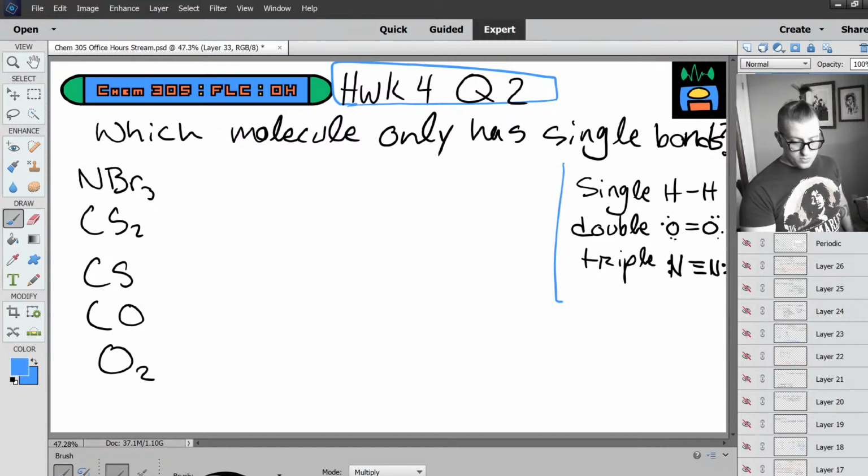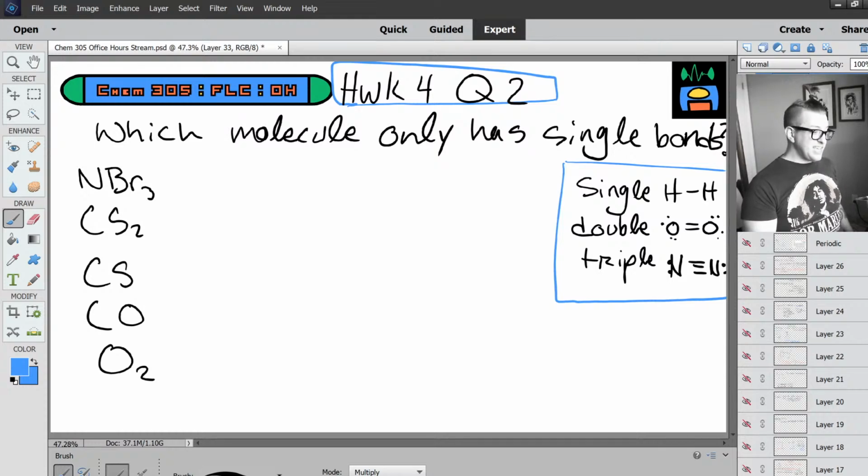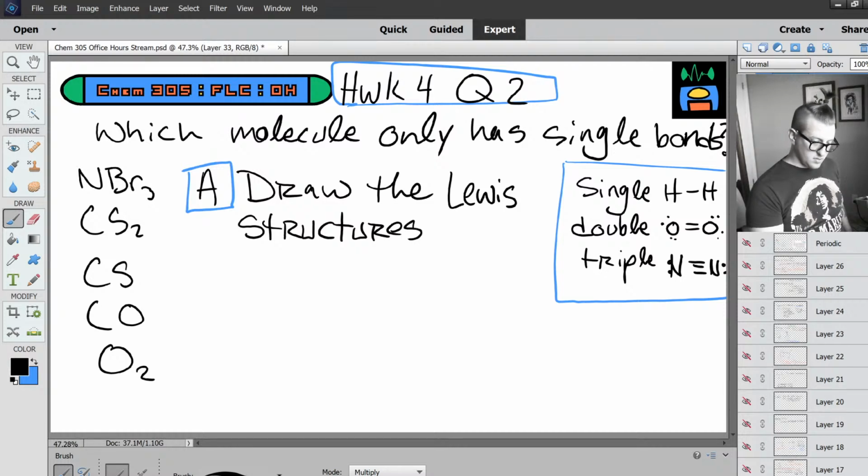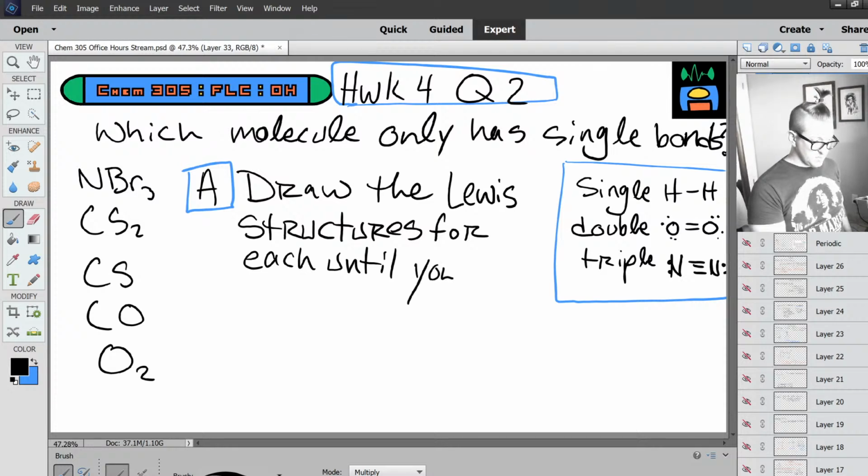All right, so the only way to solve this is to draw the Lewis structures for each until you find one with only single bonds.